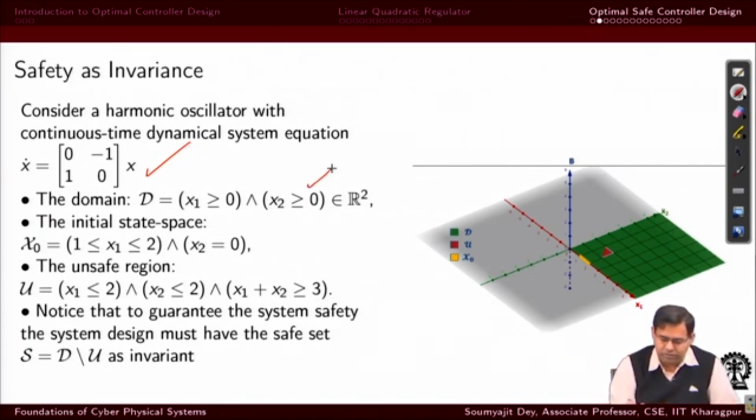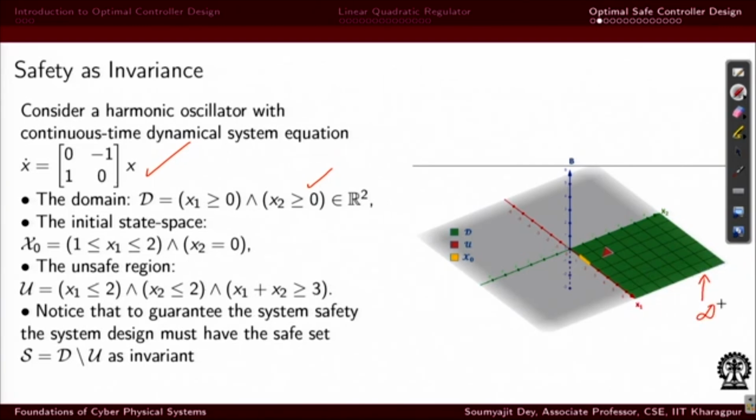So, this is your domain, and you can see that it is marked in this space that we want both the x1 and x2 variables to always be positive. In this two dimensional coordinate system, we have this green part as the domain of the system.